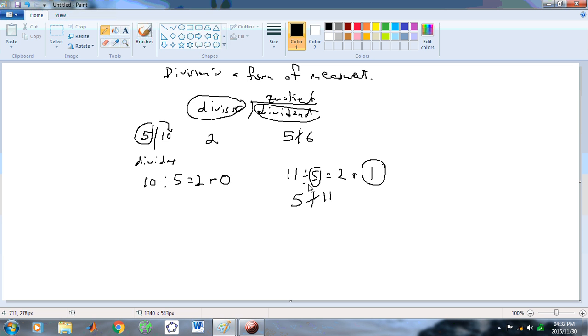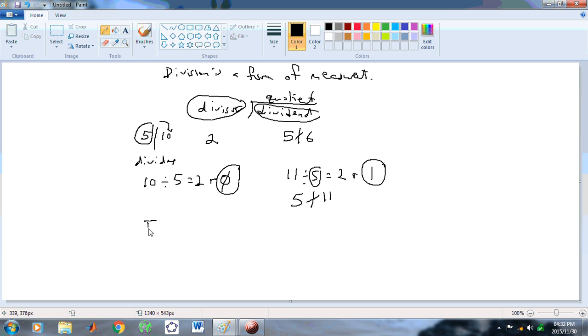In order to say that 5 measures 11, the remainder must be 0. Okay? So, if one number divides another number without a remainder, it measures it exactly, doesn't it?